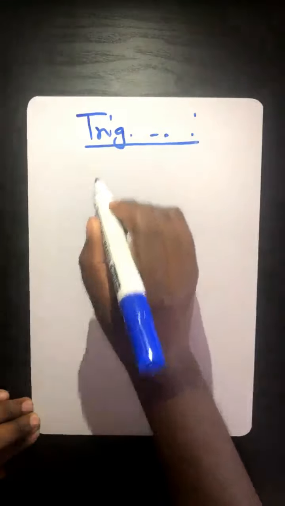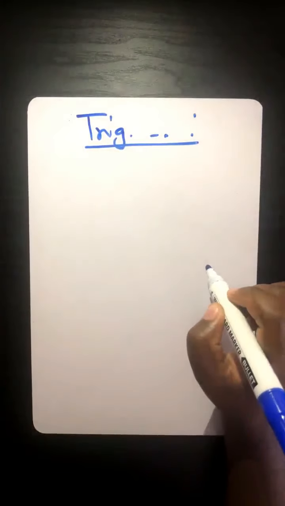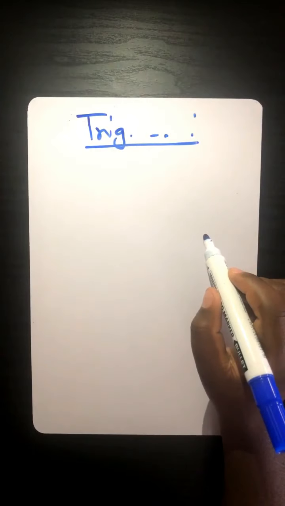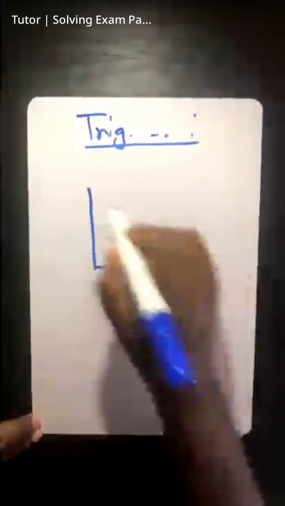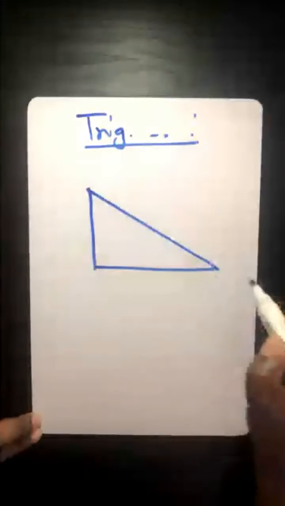Okay, 100%. So guys, we are looking at trigonometry. Just a quick summary: in trigonometry, we are focusing on a triangle, specifically a right-angled triangle. Why am I saying this is a triangle?